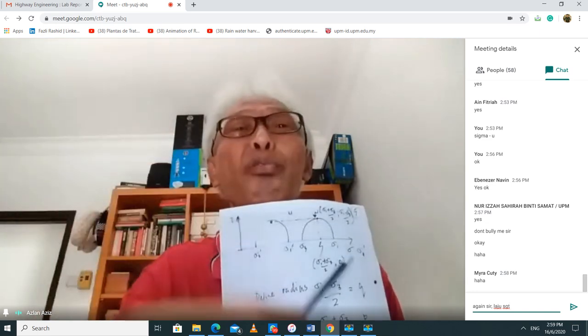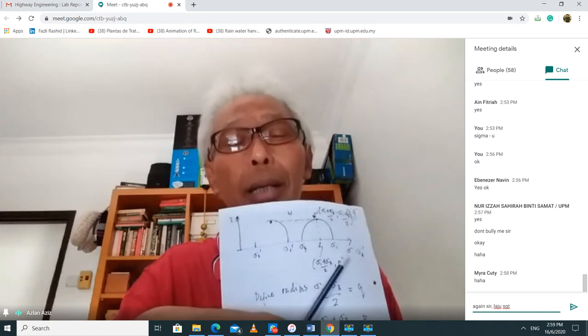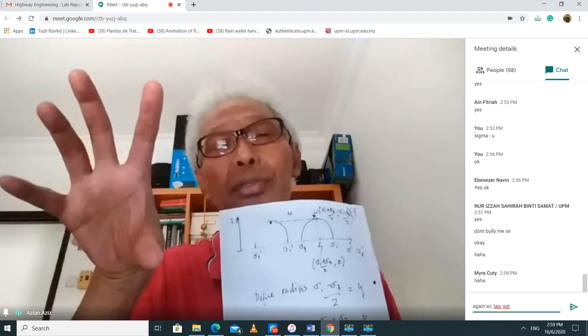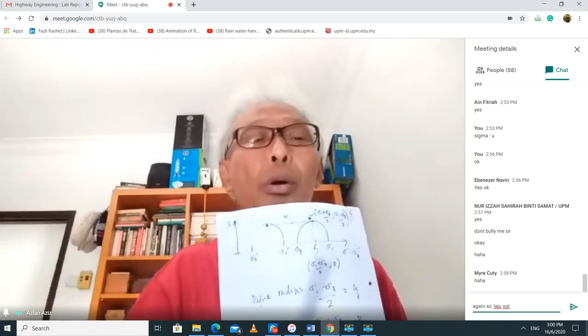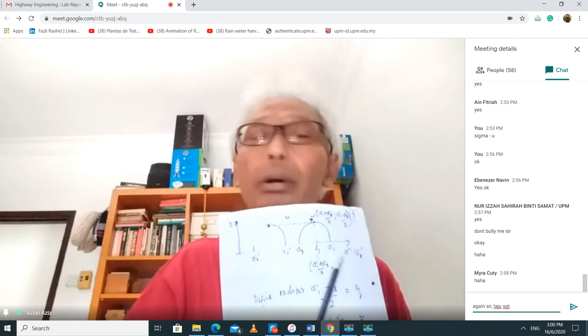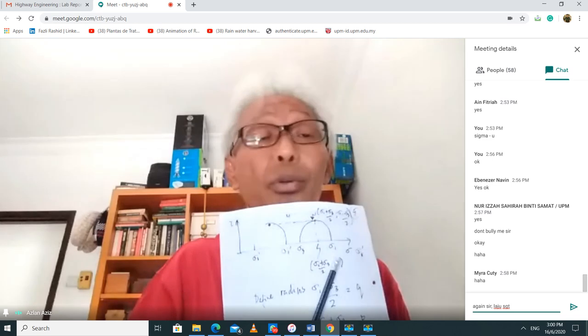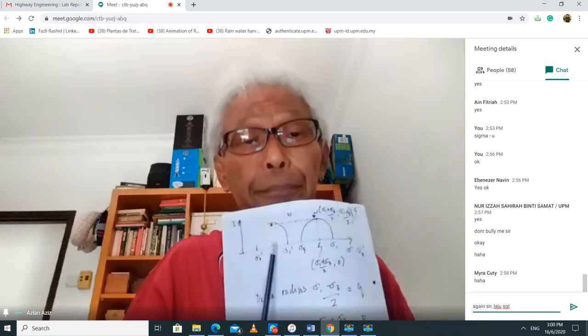Now I want to form a locus of the path from one state of stress to another state of stress. Here is a picture of one state of stress. All that is different in this picture by this circle is that one is a total stress, the other is just effective stress.